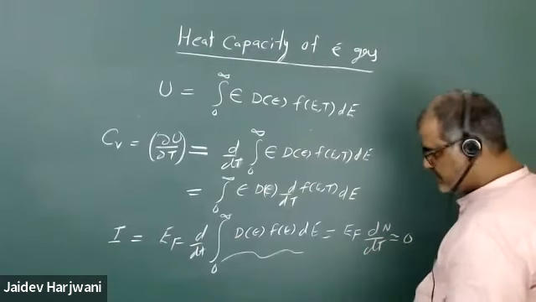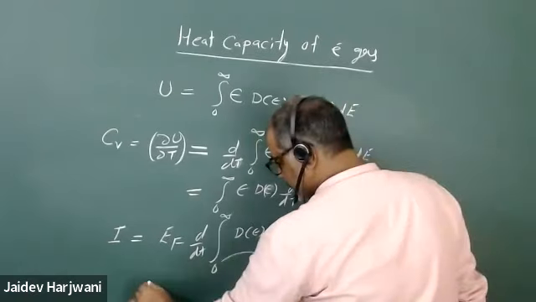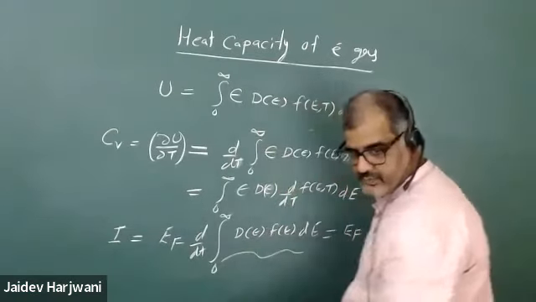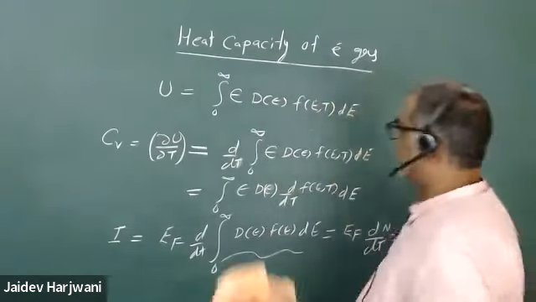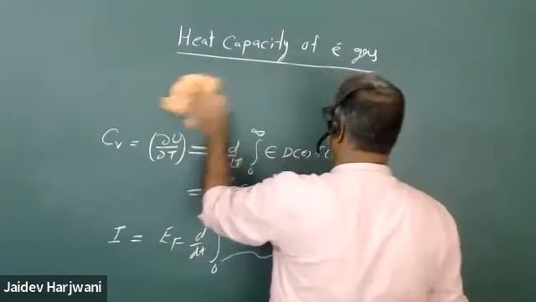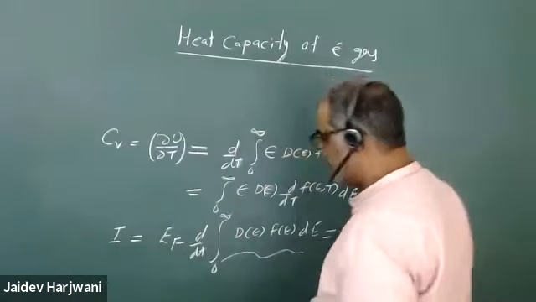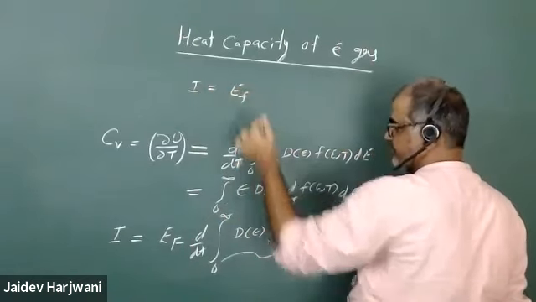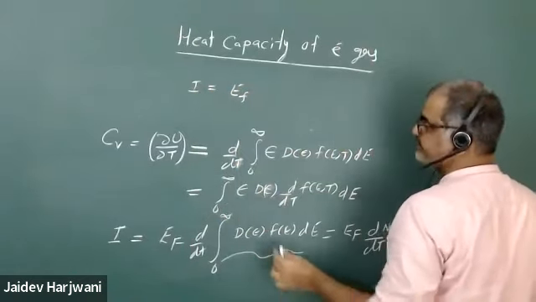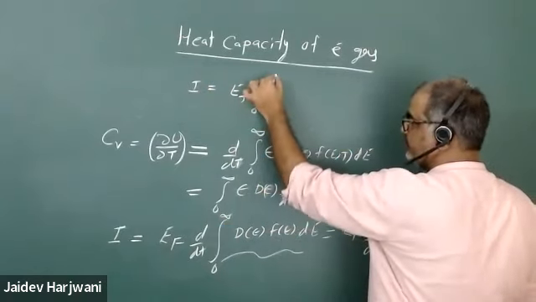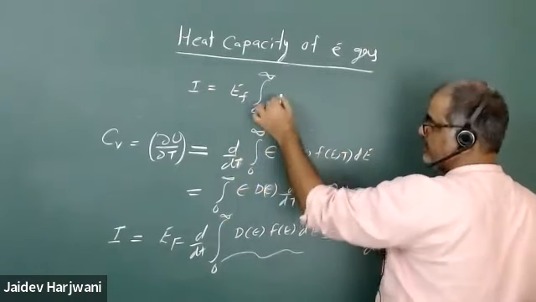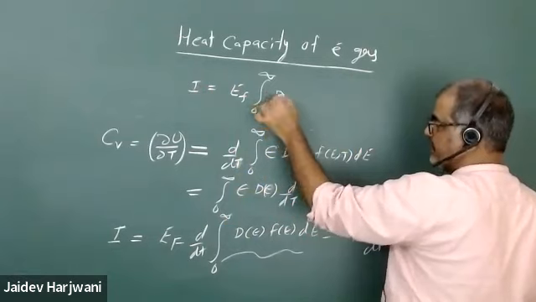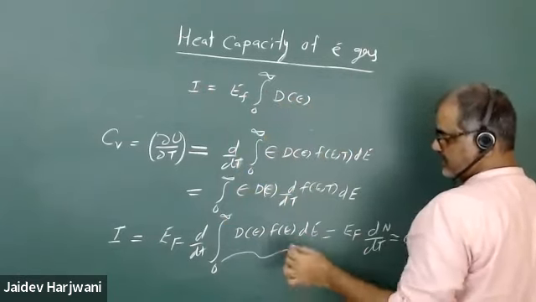So the value of this integration I is equal to the integral from 0 to infinity of EF g(E) df(E)/dT dE.